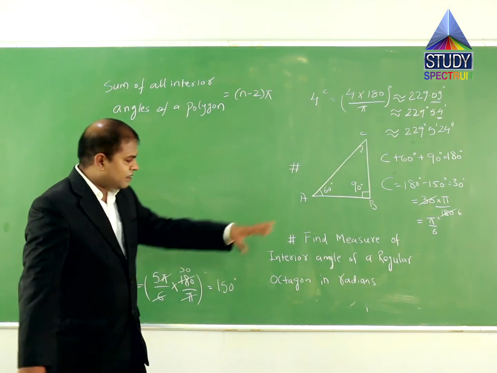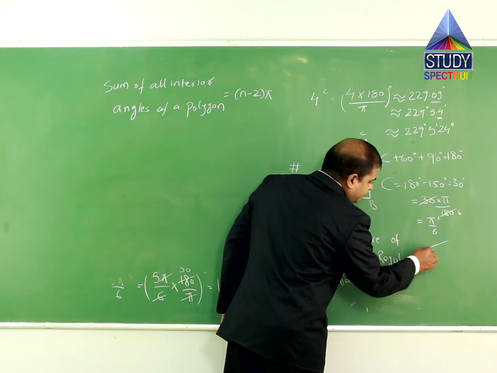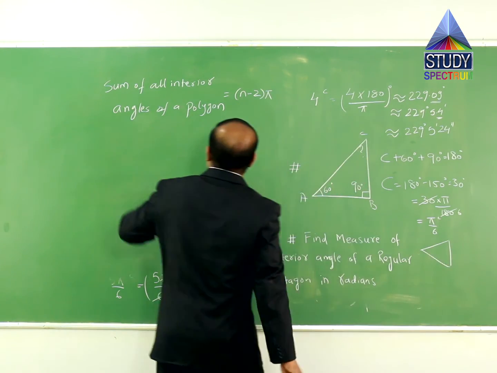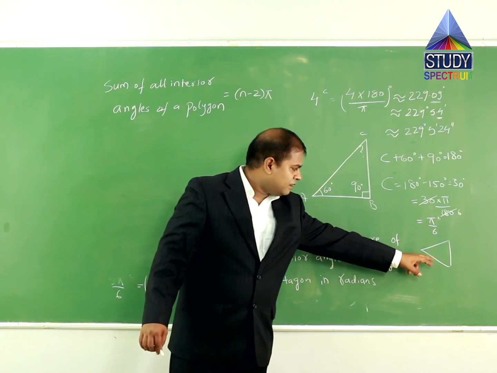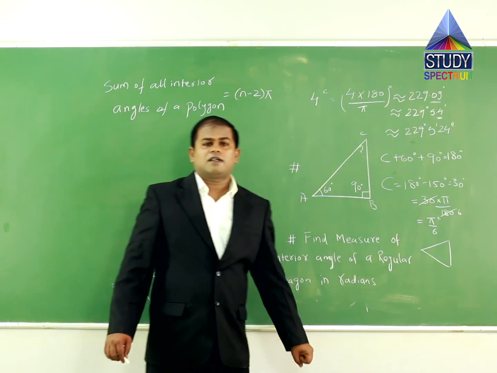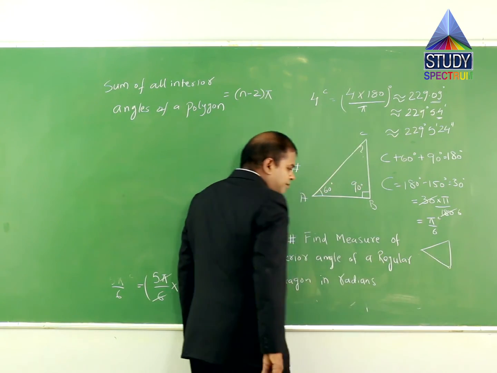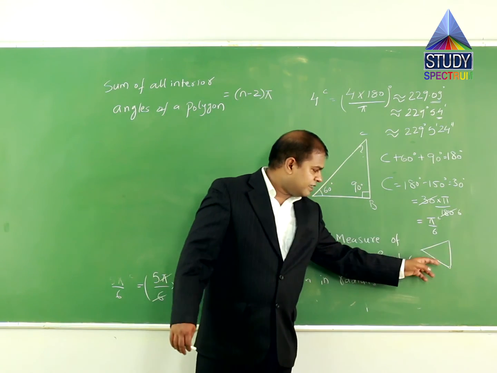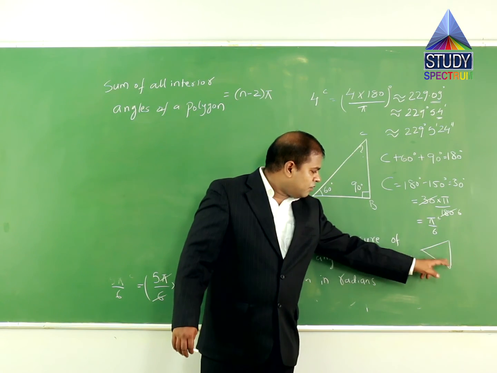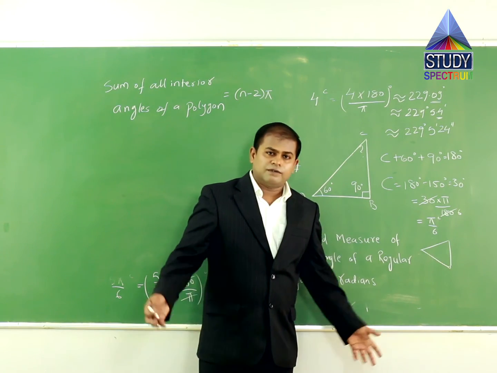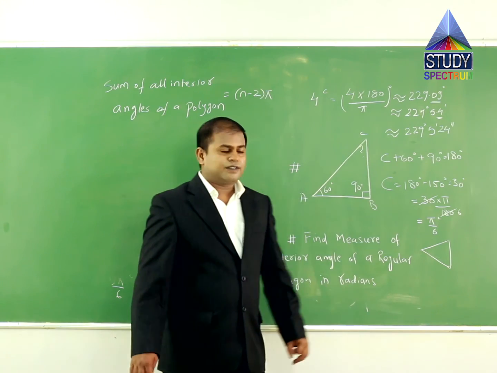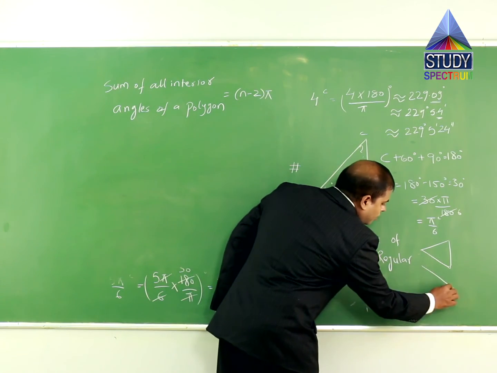In fact, this is very interesting. I'll draw a figure here and I'll show you how. This is based on the fact that the sum of all interior angles of a triangle is 180. How? Suppose there is a triangle. How many sides are there? 3 sides. The sum of all these 3 angles is 180 degrees, whatever be the type of the triangle. Now let's take a quadrilateral.